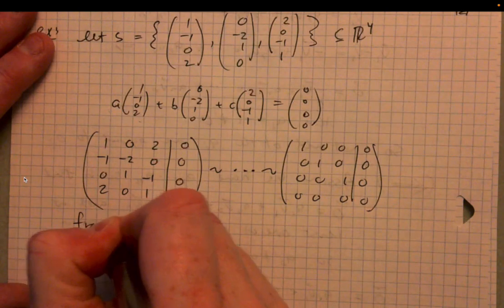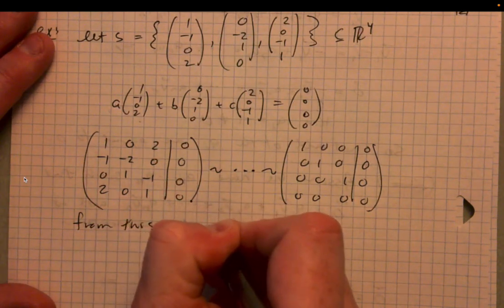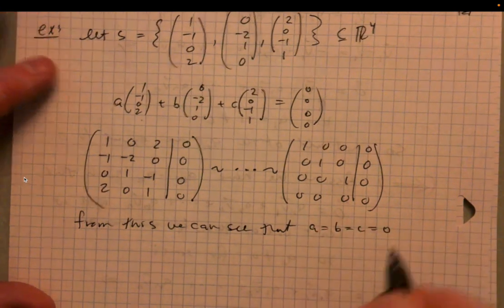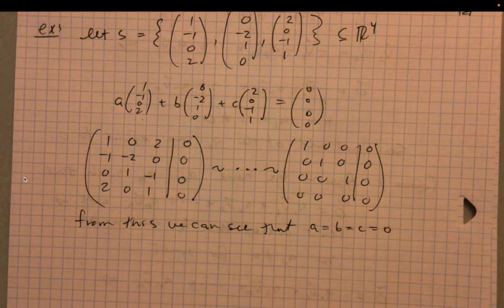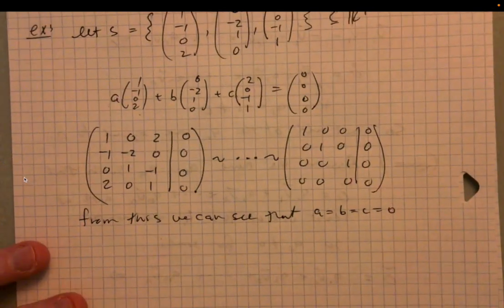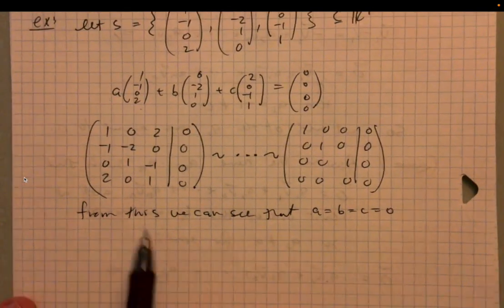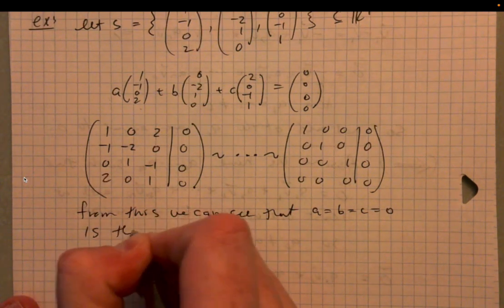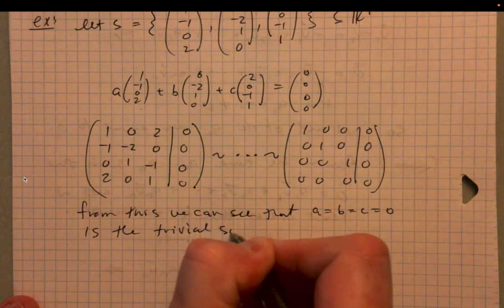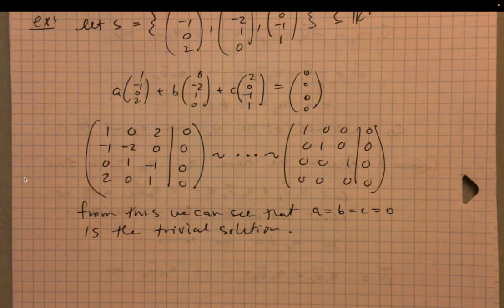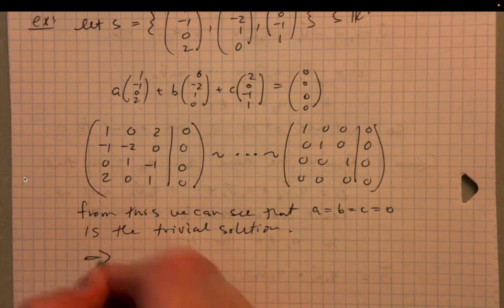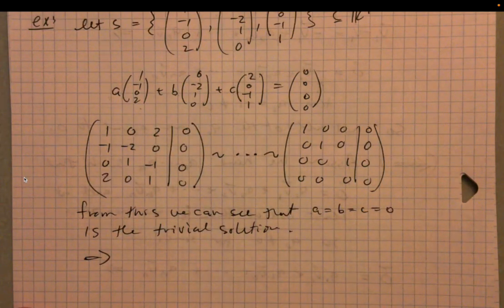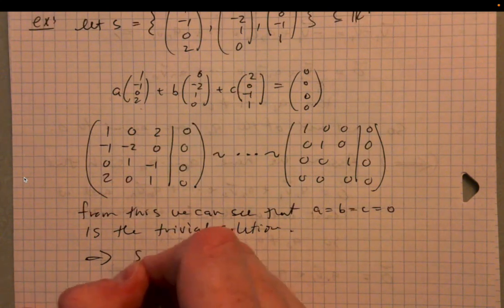So we can see that A equals B equals C equals 0, and that's the only solution. Remember, this is what we call the trivial solution to this homogeneous system. It's obviously the only solution, and this implies that all the coefficients in this equation have to be 0, and so S is linearly independent.